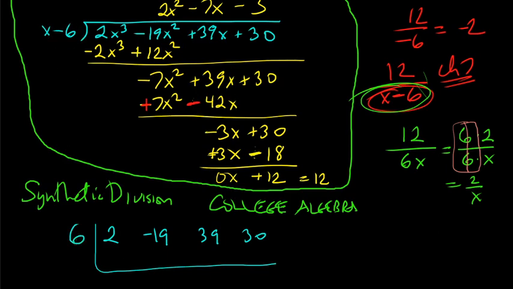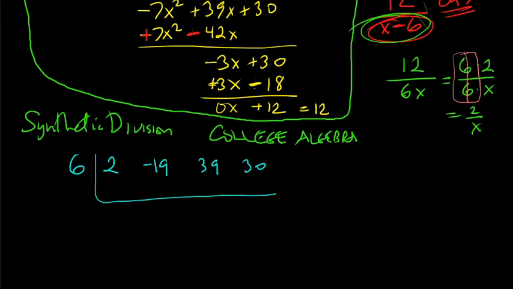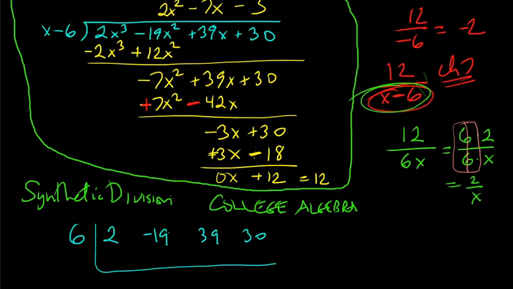It's positive 6. For reasons that, when you get to college algebra, they'll explain a little bit better. Now it's pretty easy, because now you're just adding. Here's why you change it to a positive 6: it's the same reason that you flip the signs here. If we flip the sign here, then we can just add all together here.